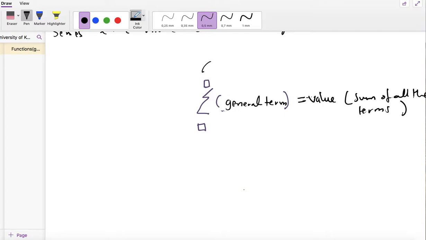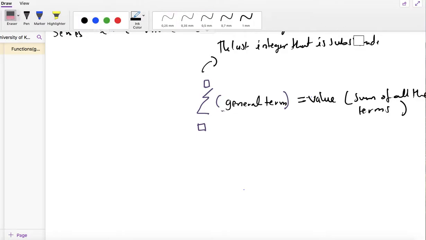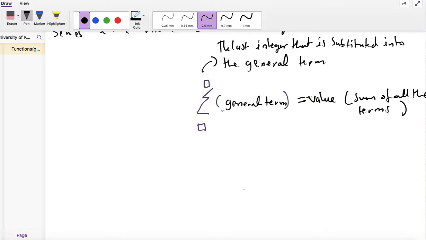Okay, so this is the last integer that is substituted into the general term to generate the last term of the series.